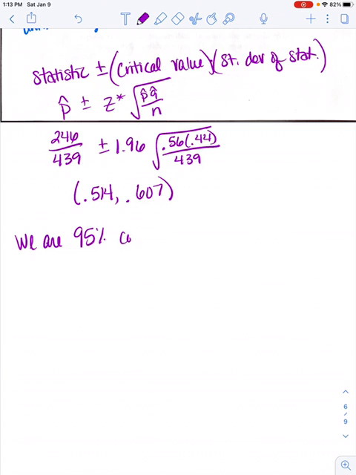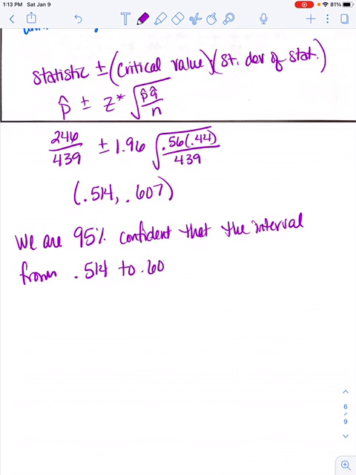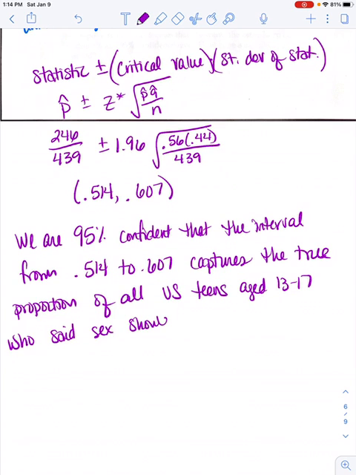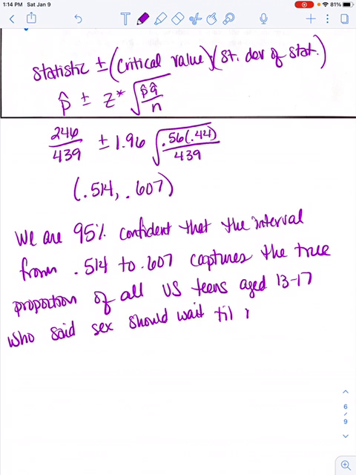We are 95% confident that the interval from 0.514 to 0.607 captures the true proportion of all U.S. teens aged 13 to 17 who said sex should wait till marriage. There we go. There's the beautiful bow on top.